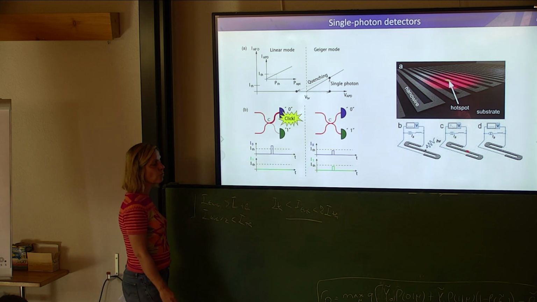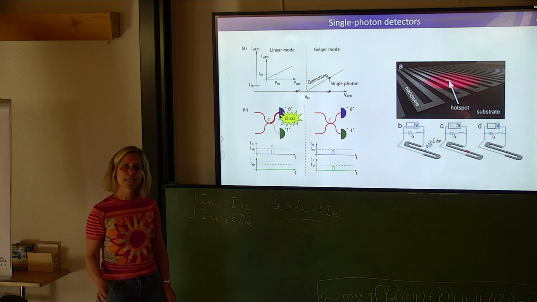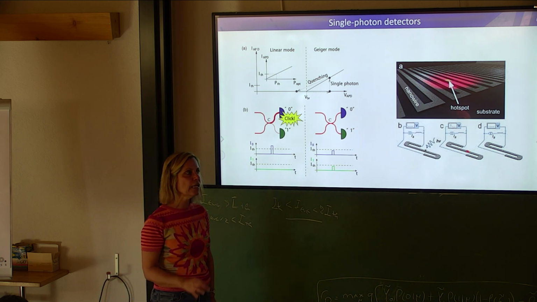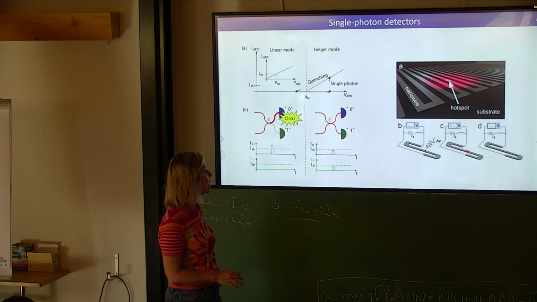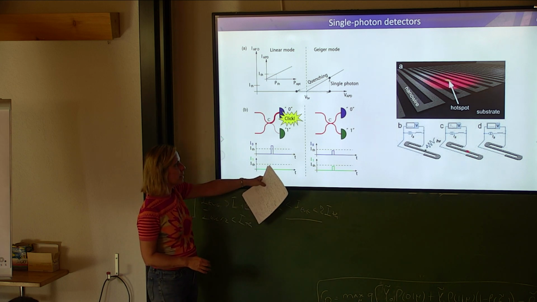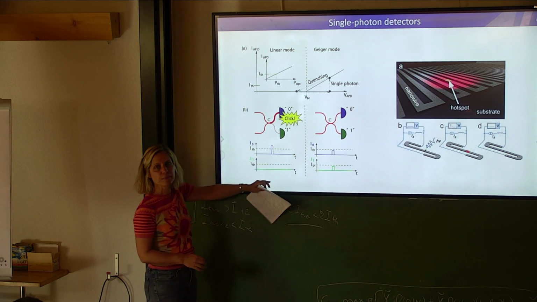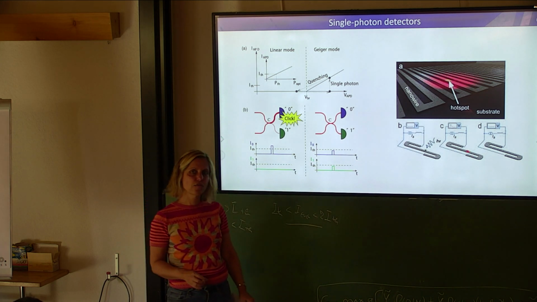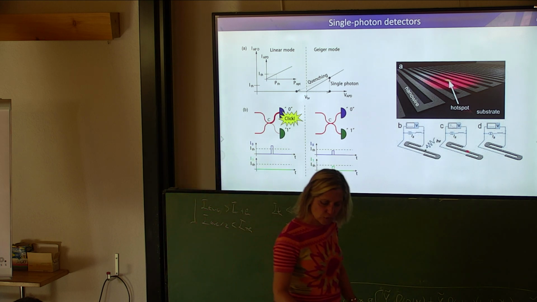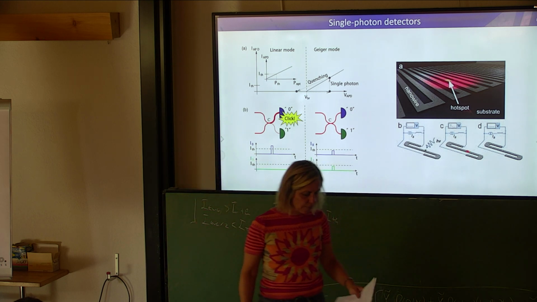Then what they showed is that you have a full blinding attack. You essentially control fully your single photon detector. They showed literally 100% recovery of the secret bit. So it was a very powerful attack, this blinding attack.